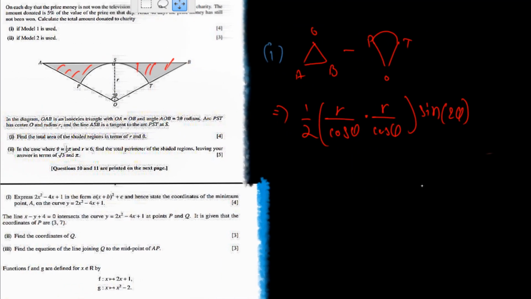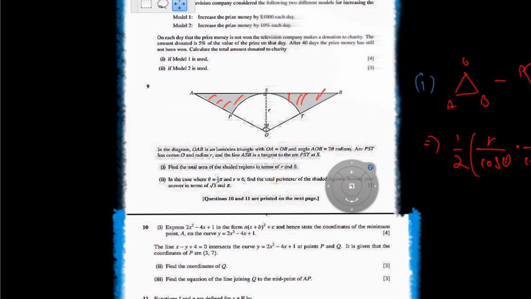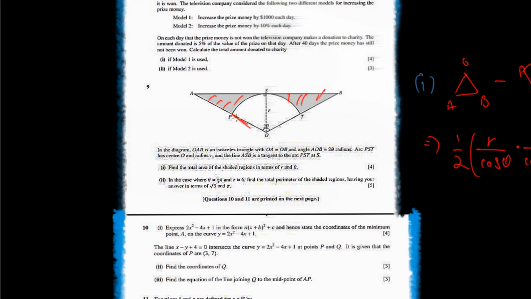What is this over here? We know from the question itself that the radius is R, and we know that this angle is theta because it's divided in half. So we can use trigonometry to find the length of AO, which is our hypotenuse. Using the cosine rule, it should be R by cos theta.